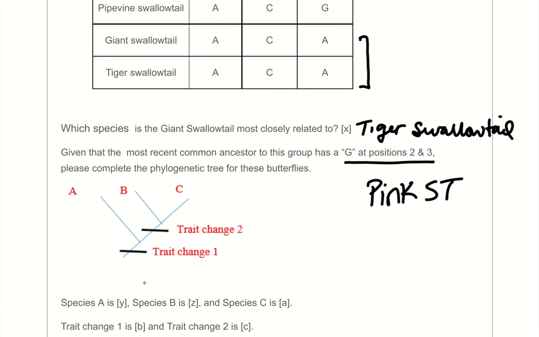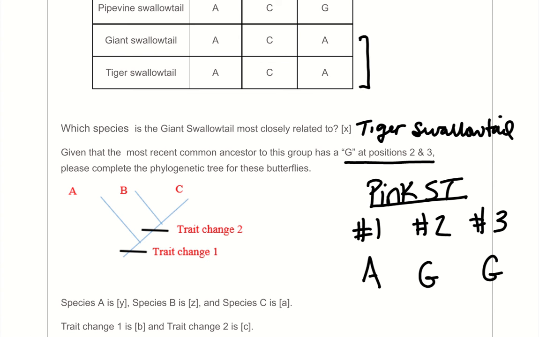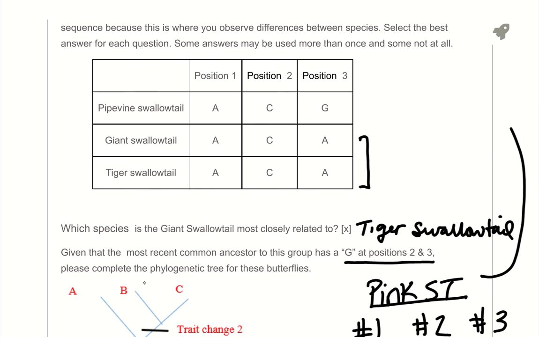And so then at its position number 1, we know that it has an A because it's not saying that it's different. At position number 2, we have a G, and at position number 3, we have a G. So that is our nucleotide sequence for this new species that is the common ancestor to all three of these species.